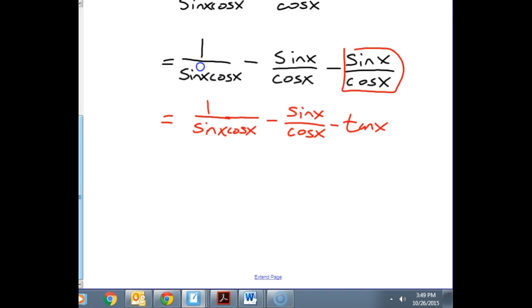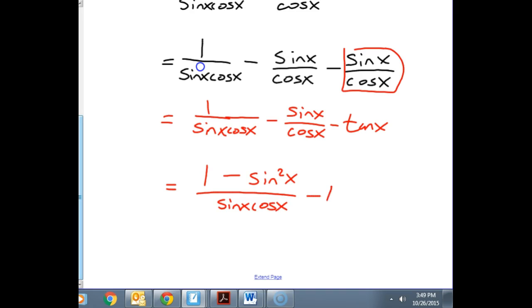Okay. Let's see. Well, let's put them together. Okay, let's see what happens if we put them together. You got to find common denominators, right? So that's going to give me 1 minus, let's see, this one's missing a sine, so this would be sine squared x over sine x cosine x, right?